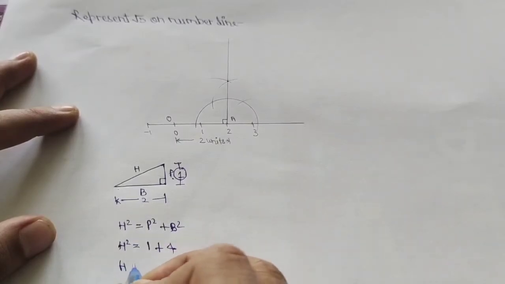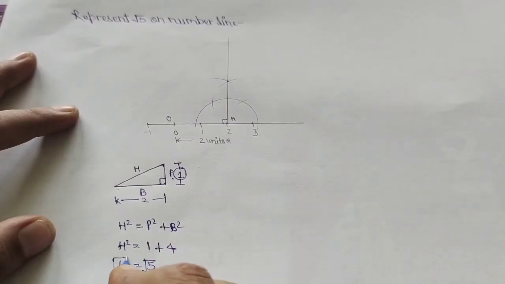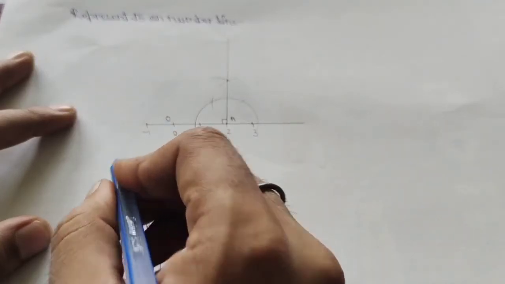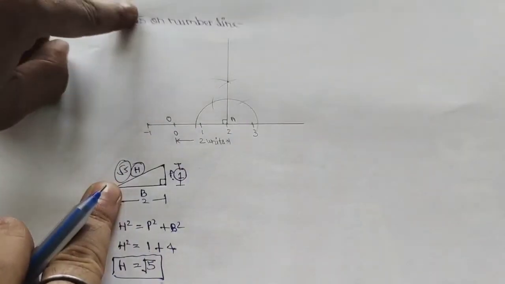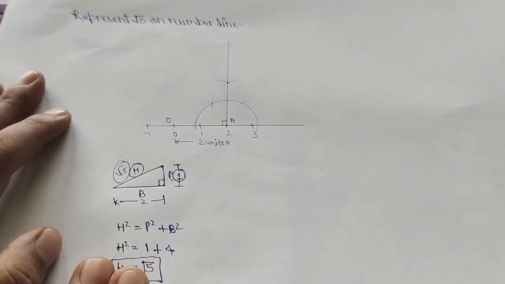Then hypotenuse square is equal to 1 plus 4, which is 5, and when we remove the square from either side, we take the square root on the other side, meaning the value of this becomes root 5, and this is what we want to represent. Okay. Now similarly the same concept we will follow in other representations.